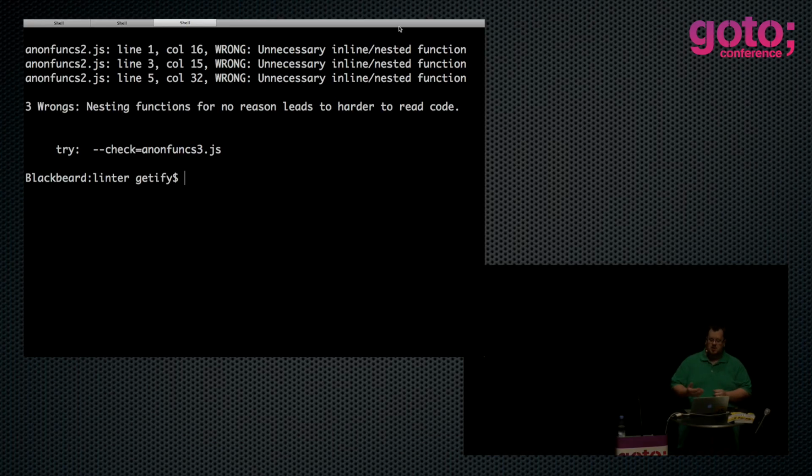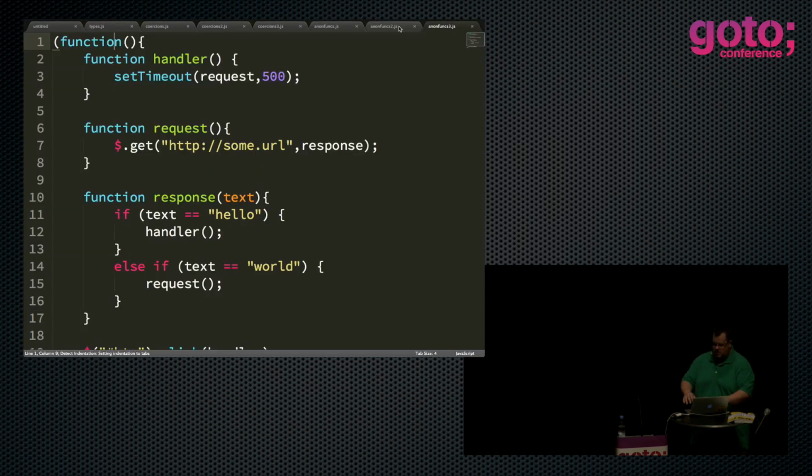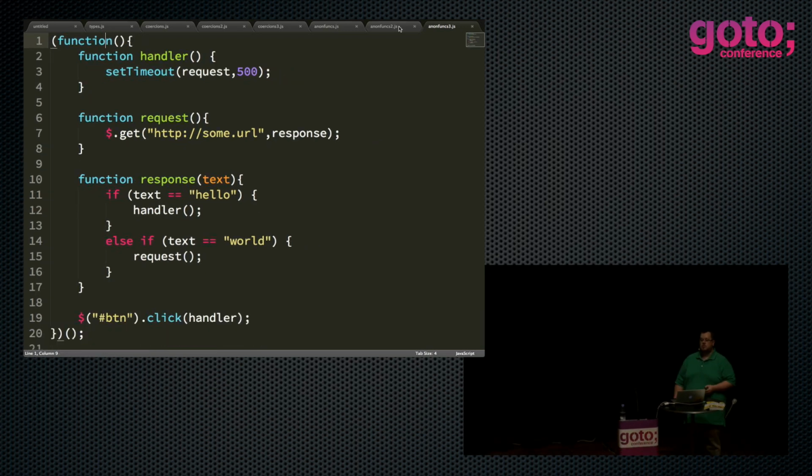Okay, so there are other problems, and this one is saying that in this particular case, there's not really any value in using the inline nested functions. Now, this is where I am actually suggesting that perhaps you shouldn't even use function expressions. Maybe you should pull things out as function declarations, as I've done here, because with function declarations, things get an awful lot more readable.